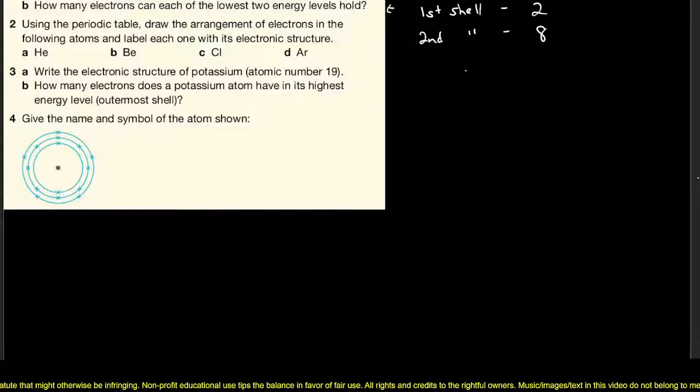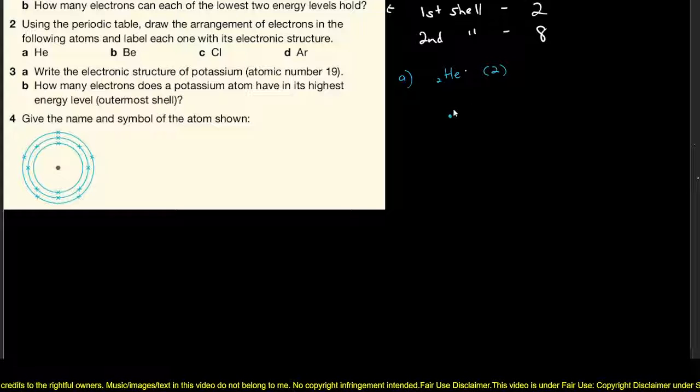In question 2, we are asked to draw the arrangement of the electrons found in the following atoms. So in part A, where we have helium, helium has an atomic number of 2, and therefore its electronic configuration is 2, with brackets around it.